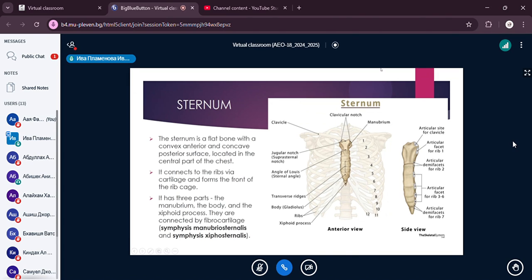The connections between the manubrium, the body, and the xiphoid process are called symphyses: between the manubrium and the body is the symphysis manubriosternalis, and between the body and the xiphoid process is the symphysis xiphosternalis.